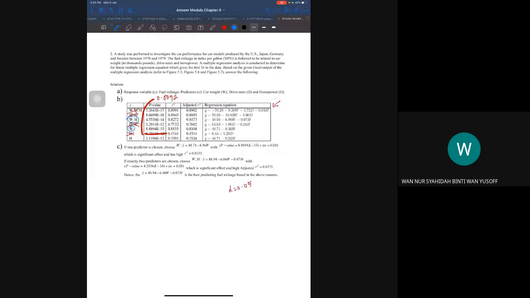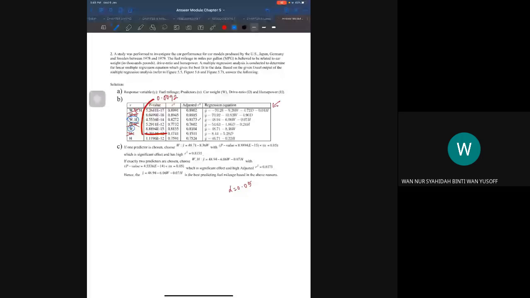Even though it is not the highest adjusted R square, the rest of the models we cannot choose because of the D. So straight away we use WH as the best model.